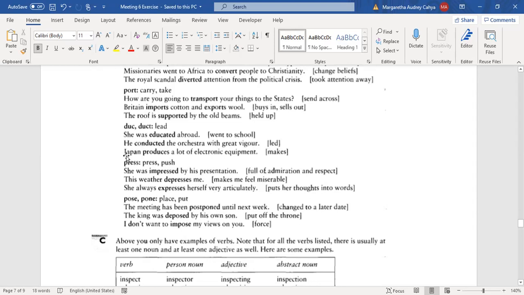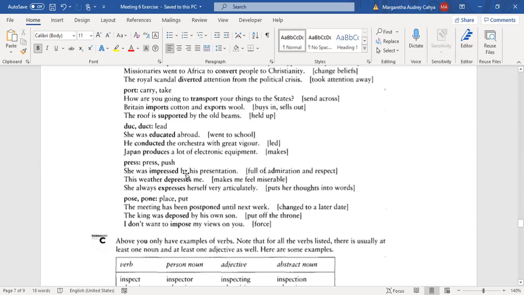Terus Japan produce a lot of electronic equipment. Jadinya dia itu make a lot of electronic equipment. Jadi Jepang kan banyak produksi ya elektronik, barang-barang elektronik. Well, again, it's not really related to the lead one, so yeah.